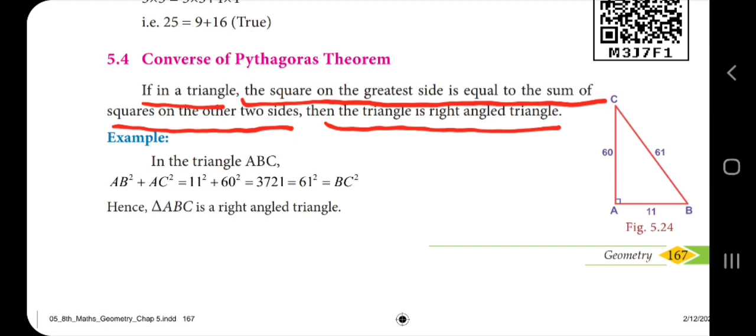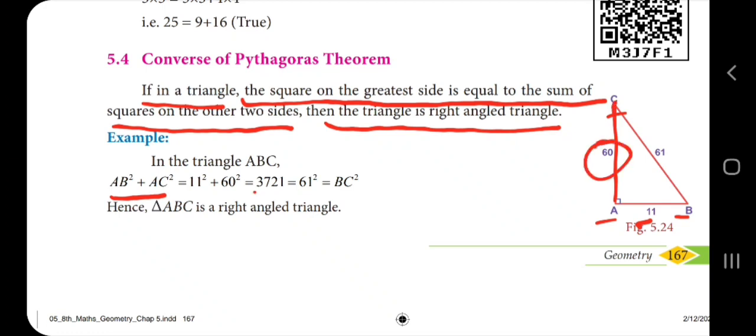See this example. In triangle ABC, AB square plus AC square is equal to 11 square plus 60 square.